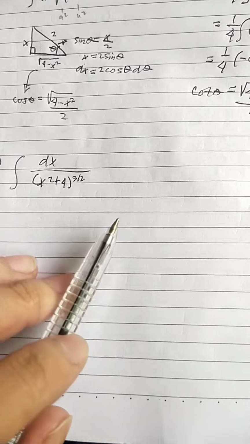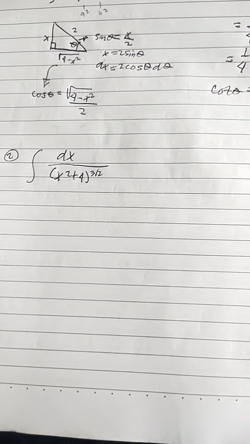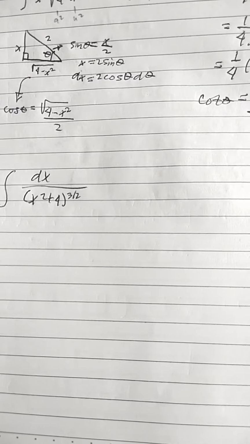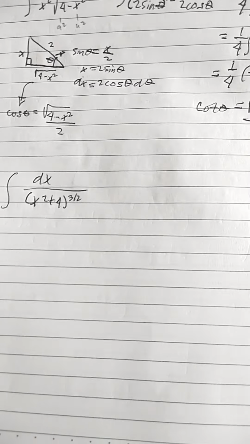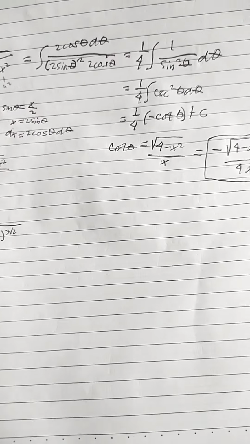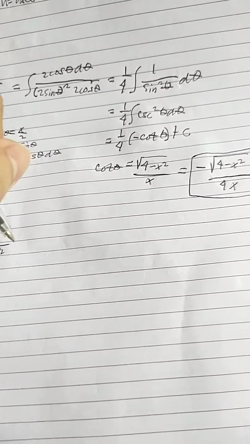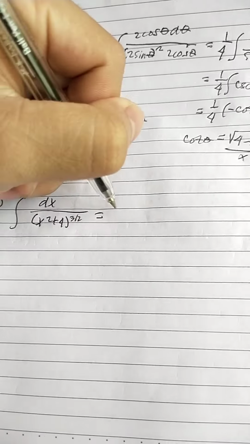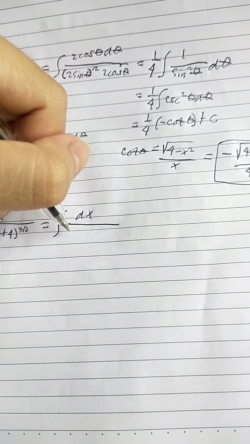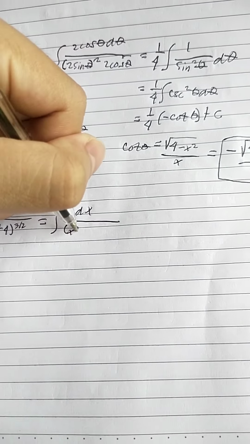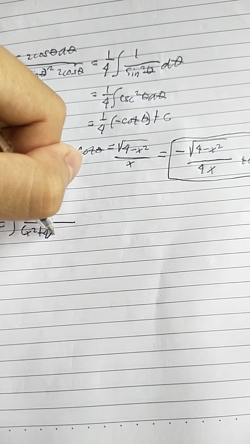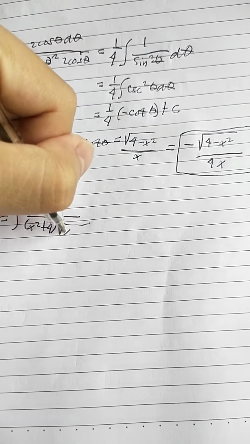That is the law of exponents: when we multiply the same base, we just need to add the exponents. So we have the integral of dx over x squared plus 4 multiplied by the square root of x squared plus 4.